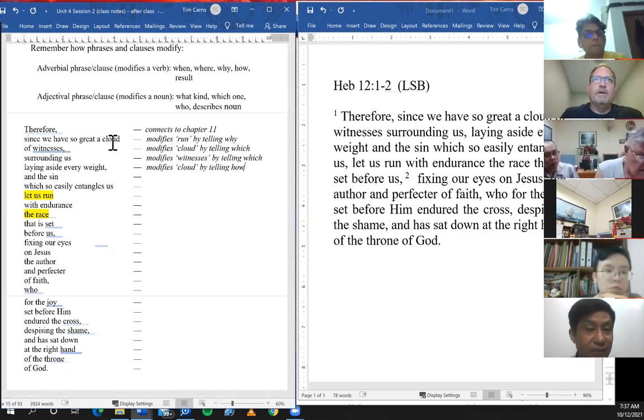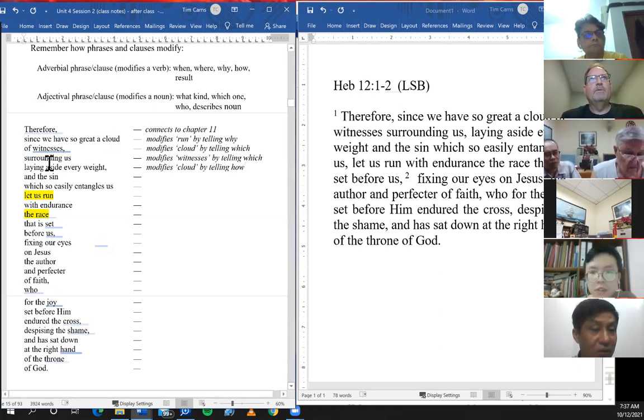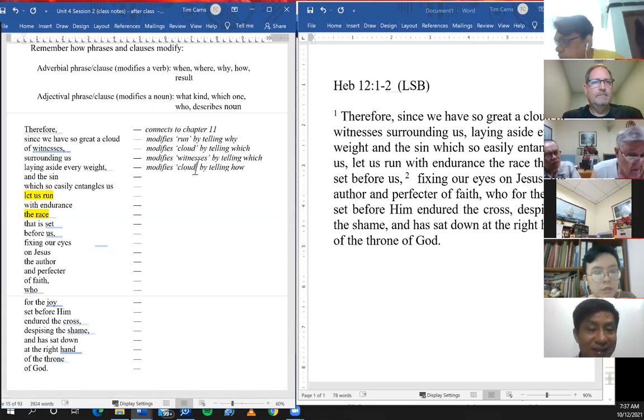How is it modifying? How is it modifying cloud? Yeah. Oh, here it's describing an action. Oh, sorry. Yeah. I think laying aside modifies the sin. Yeah, sorry.